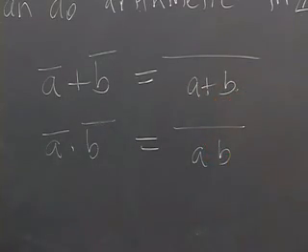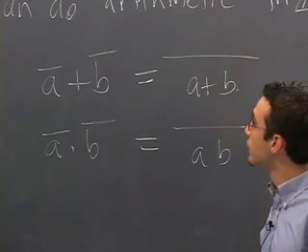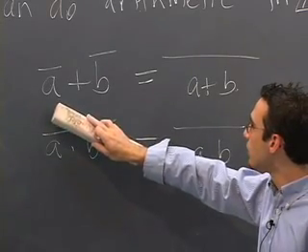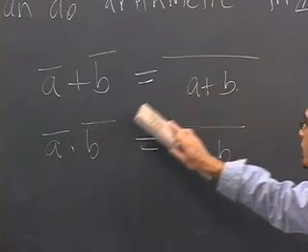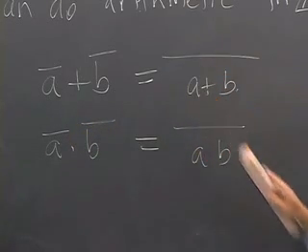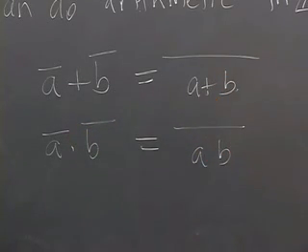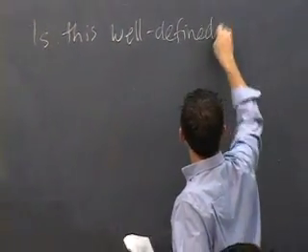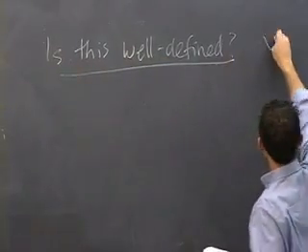So, for instance, mod 12, we could write 2 bar as 26 bar, and there is some verification necessary to ensure that if we change the representative, we aren't changing the outcome on the right-hand side. So, is this well defined? The answer is, of course, a resounding yes.